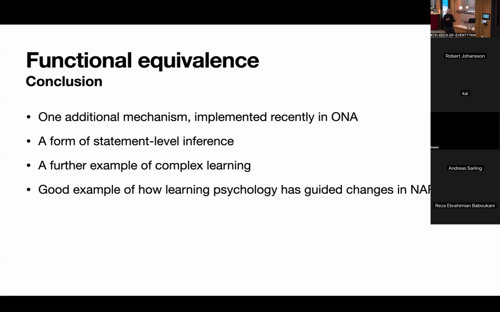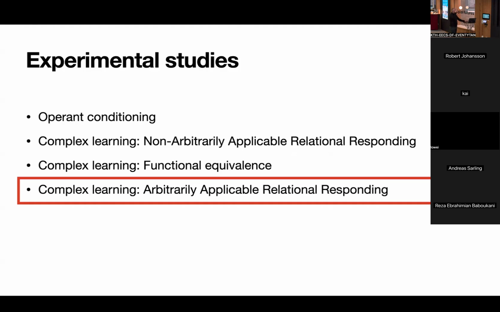He would probably call it not an effect of meta-regularities, rather a joint impact of multiple standard regularities. So it's a very good example of how we used learning psychology as a theory to get ideas on what to change in NARS.